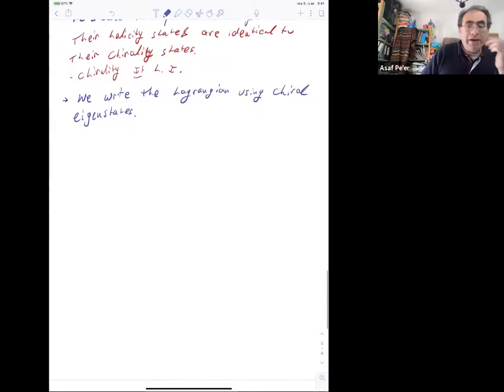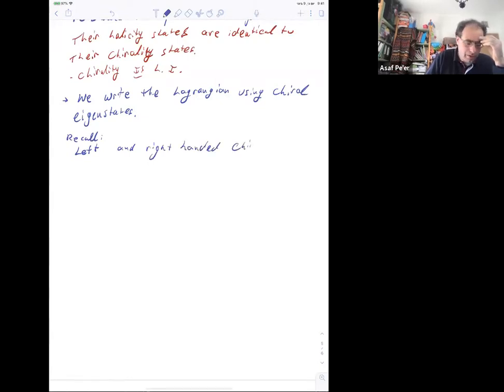Now, just as a reminder, we discussed the chiral eigenstates when we discussed the fermions, when we discussed the Dirac equation. So recall the left and right handed chiral components of a fermion.